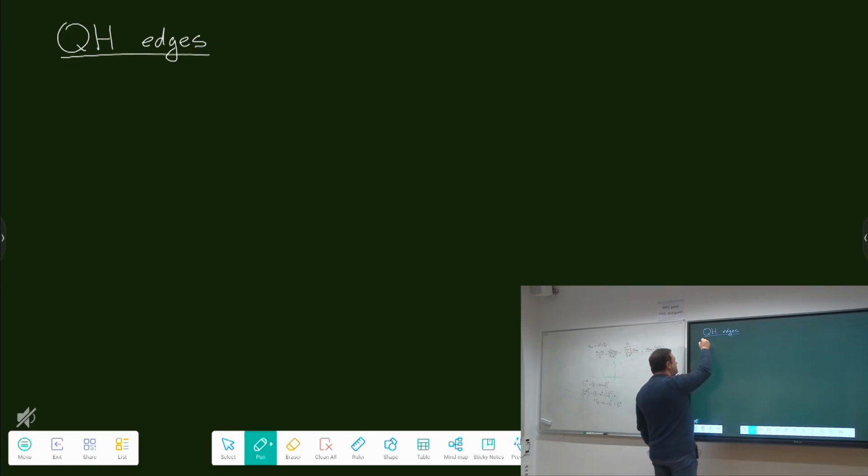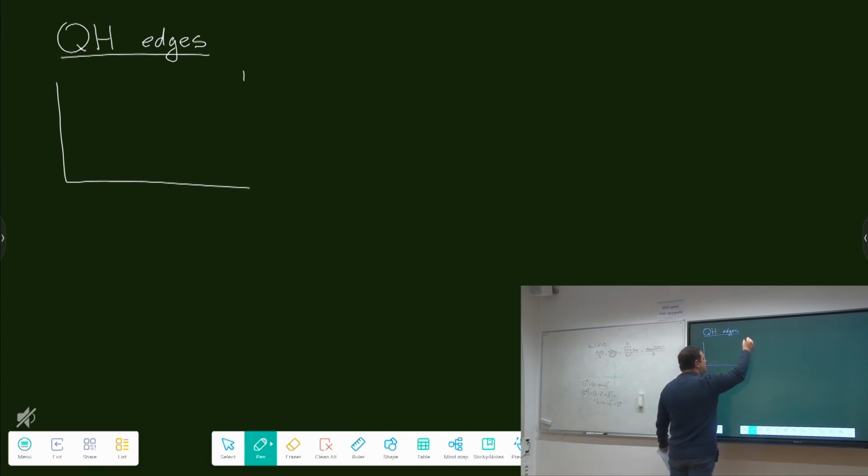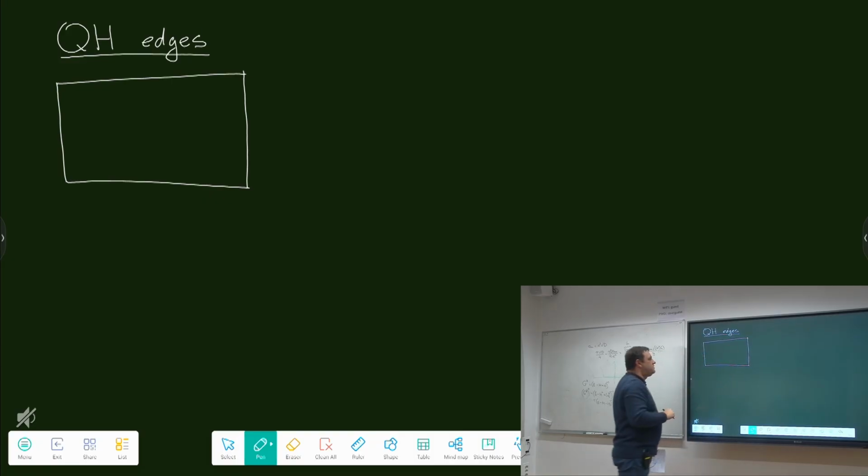Just imagine this is our sample. It's a rectangle. This is a two-dimensional electron gas, and there is some magnetic field that penetrates it. And there are electrons in this plane.